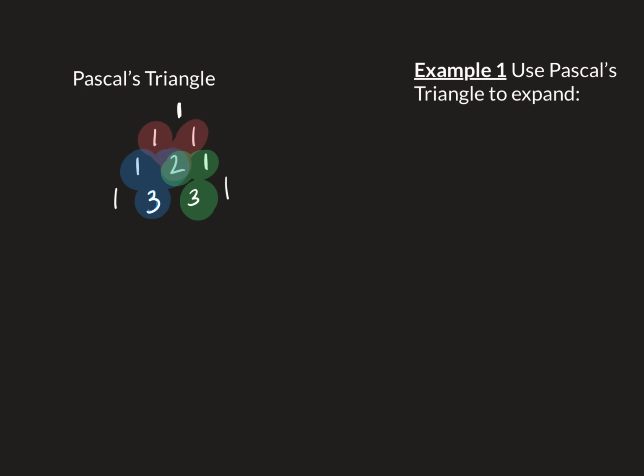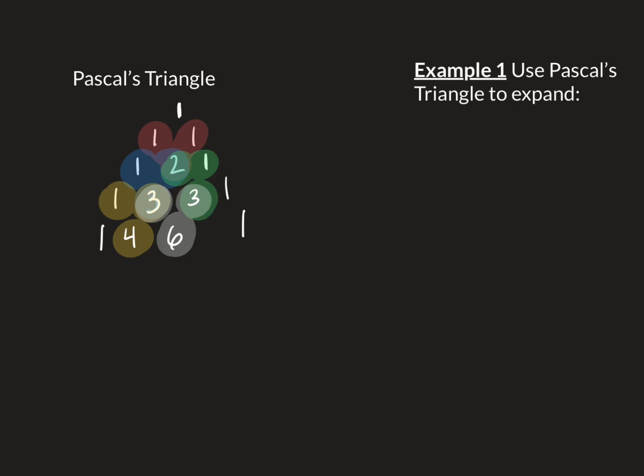The next row, the fifth row, starts with a 1 and ends with a 1. To get this term, you add 1 plus 3, and that's 4. To get the next term, you add 3 plus 3, and that's 6.